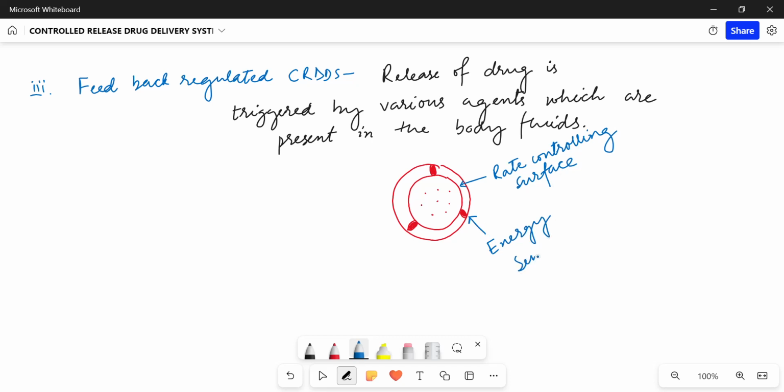Energy sensor or biochemical responsiveness, and drug reservoir.